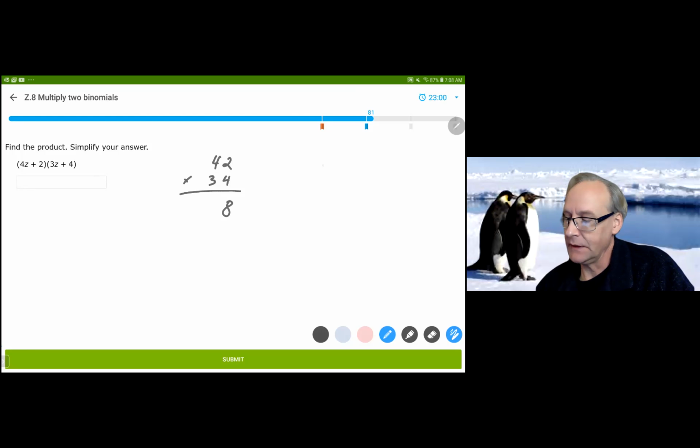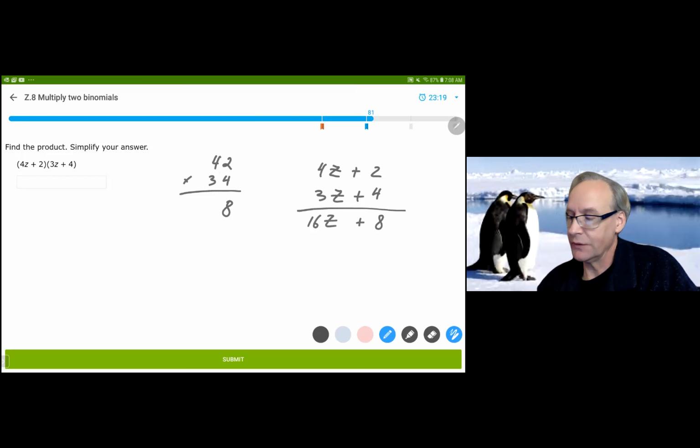And I'm going to write the 4z plus 2 and a 3z plus 4. And I'm just going to do them side by side. That's plus 8. Now this is 4 times 4z, which is 16z. And 4 times 4 is 16, isn't it? But it's actually 160. Now I want to put the plus 0.